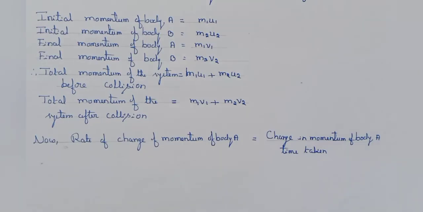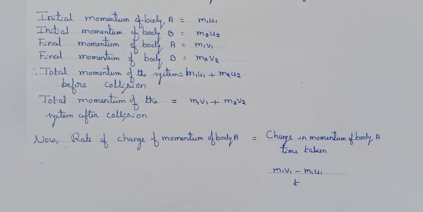The change in momentum of body A is equal to the final momentum of body A minus the initial momentum of body A. The final momentum of body A is m1 v1 and the initial momentum is m1 u1. So the change in momentum is m1 v1 minus m1 u1. And the time taken for this change in momentum is t. Therefore, the rate of change of momentum of body A is equal to (m1 v1 minus m1 u1) by t.